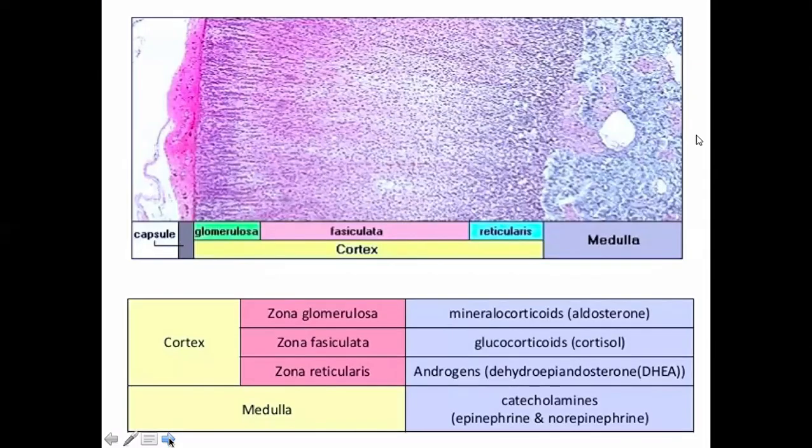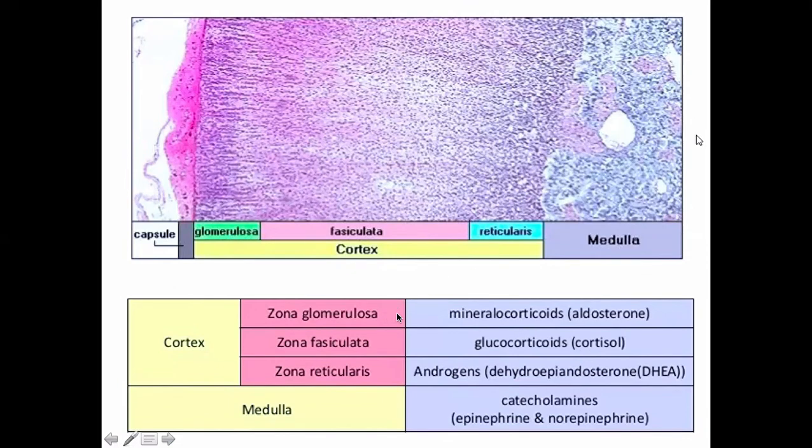Okay? So the summary of your adrenal cortex and adrenal medulla. The adrenal gland is capsulated, histologically divided into cortex and medulla. The cortex has 3 zones, glomerulosa, fasciculata, and reticularis.